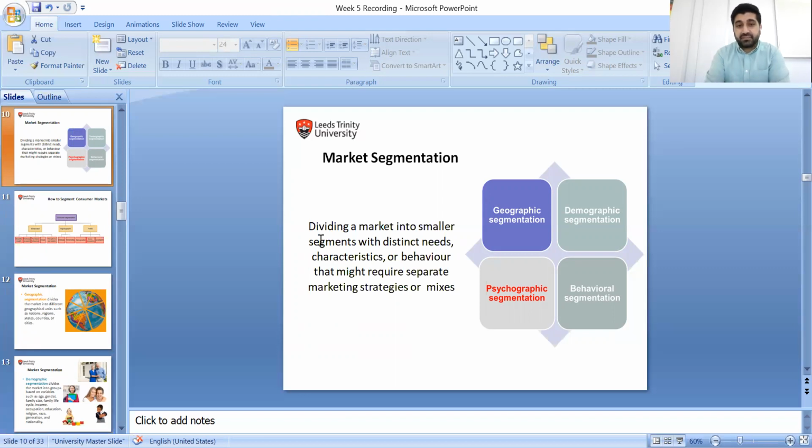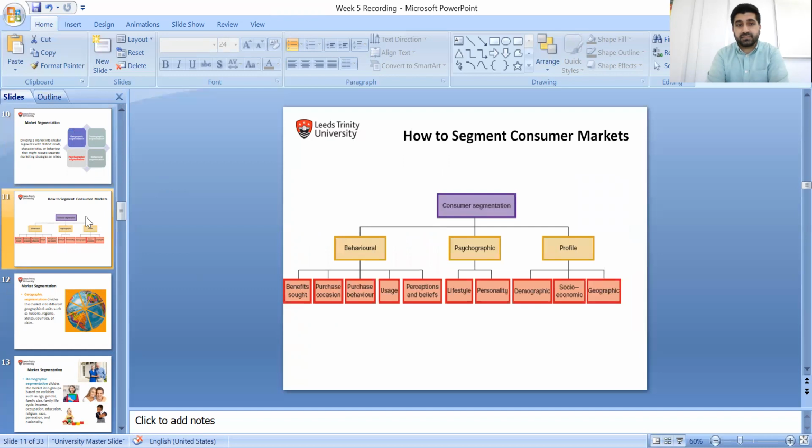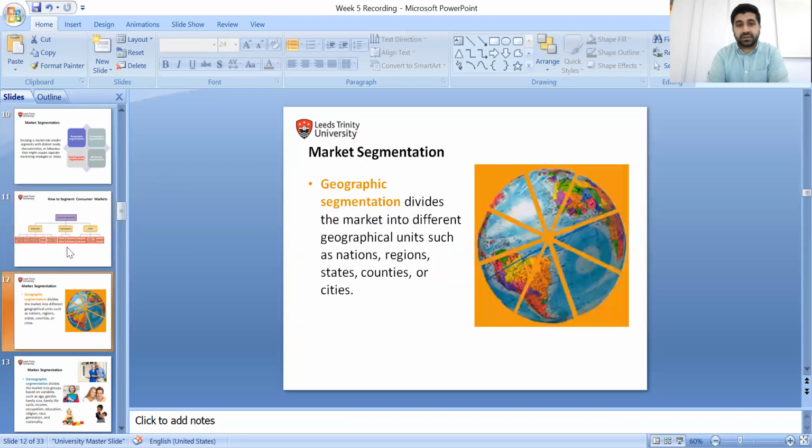We can see here, dividing a market into smaller segments with distinct needs, characteristics, or behavior that might require separate marketing strategies or mixes. We will see this in more detail. Let's talk about geographical segmentation.